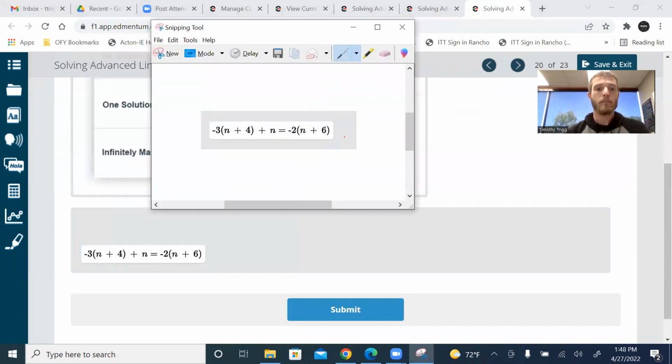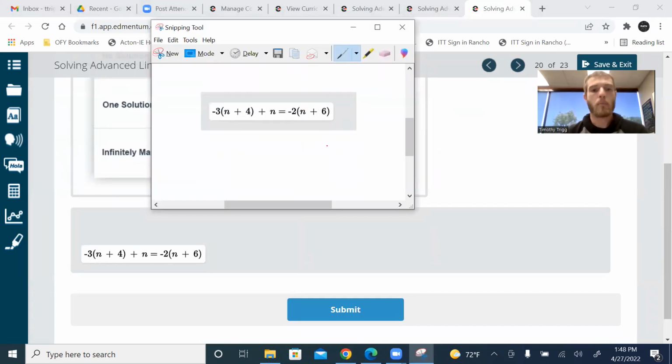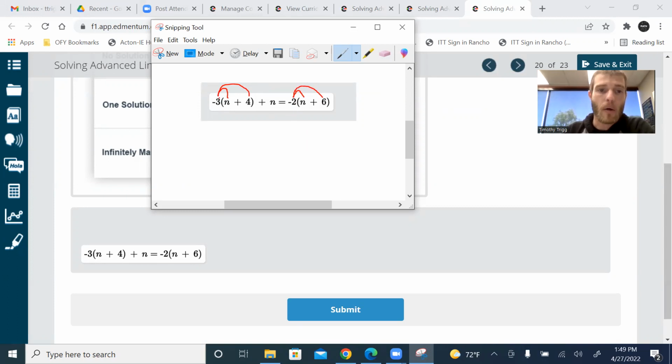Okay, you could probably already see what I'm going to do first. We're going to distribute this -3 into this parentheses and also distribute this -2 into this parentheses. So -3 times n is -3n. -3 times 4 is -12.